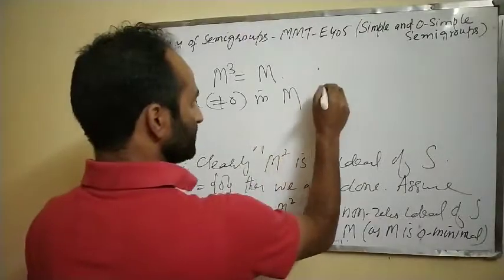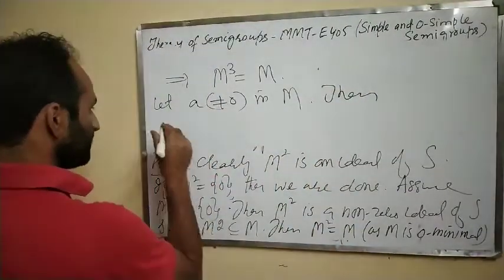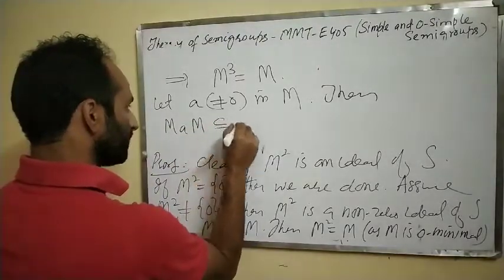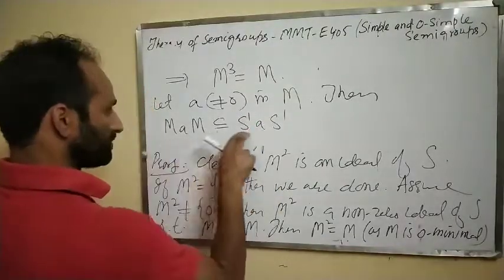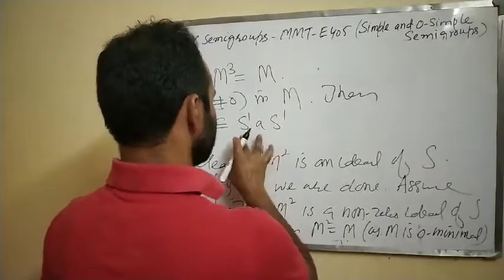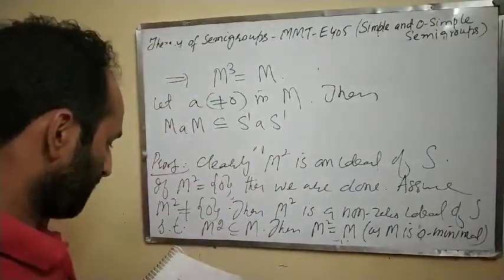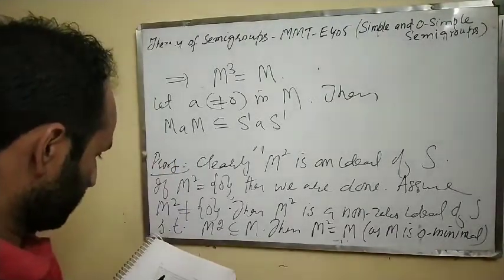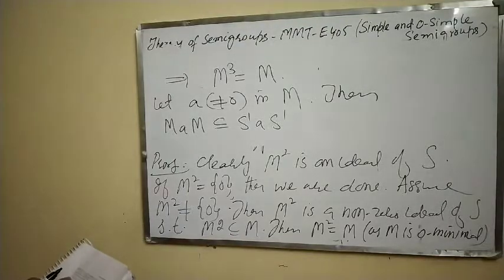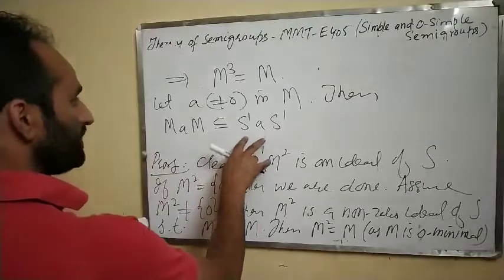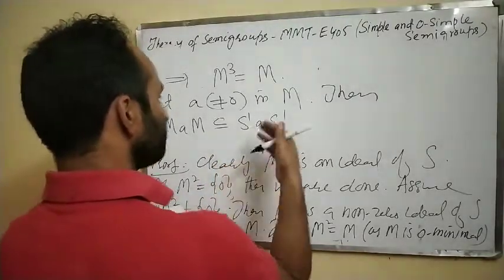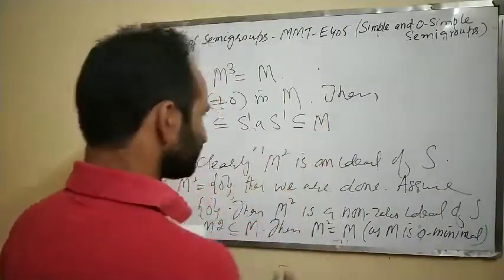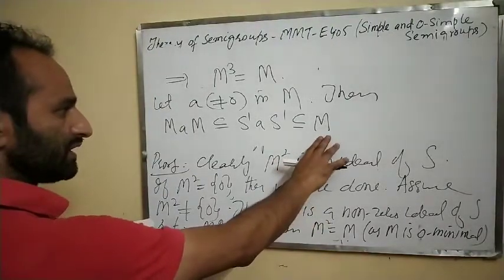So then let's look at this. S1 a S1 contains a, and it's also a subset of M, because M is an ideal and it contains a.